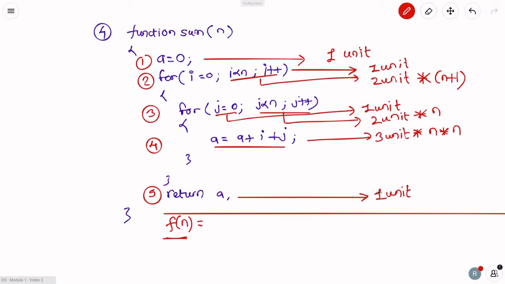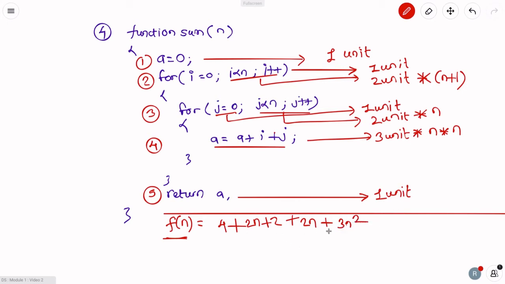So we need 4, plus this is 2n plus 2, so let me write 2n plus 2, plus we have 2n, so let me write 2n, plus this is 3n square, so let me write 3n square. Yes, so this is the final expression that has been created.